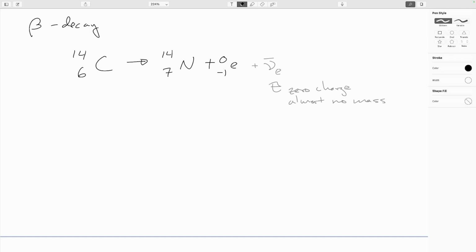So then finally, let's go and take a look at alpha decay.